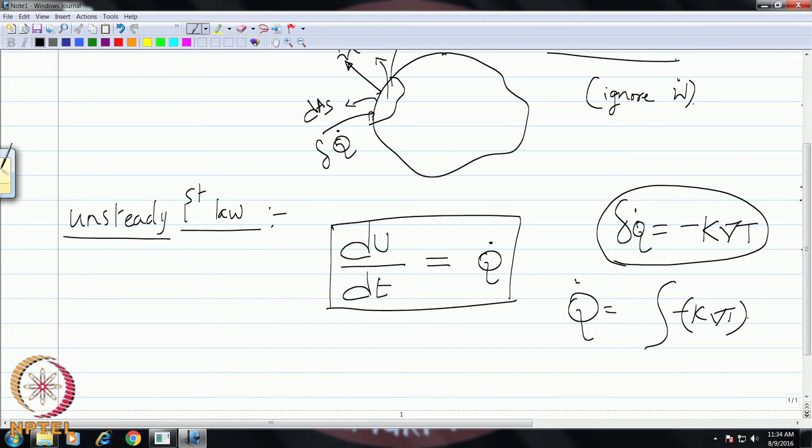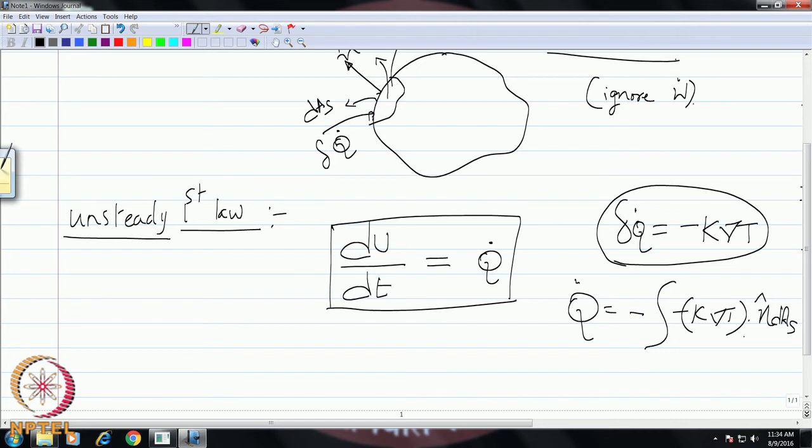So, we dot it with the normal times dAs, right. So, as you can see, the direction of your heat flow and the normal are opposite to each other. Therefore, in order to make this heat transfer positive into the system, we have to put another minus sign out, okay, because the normal is pointing in the opposite direction to the heat transfer.